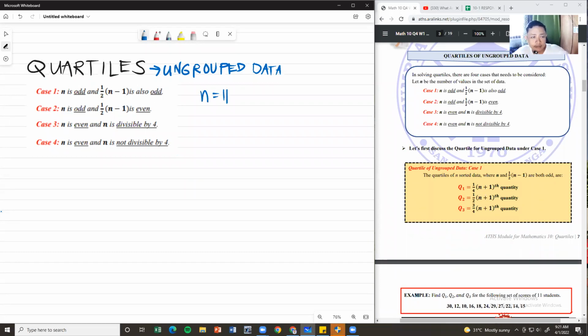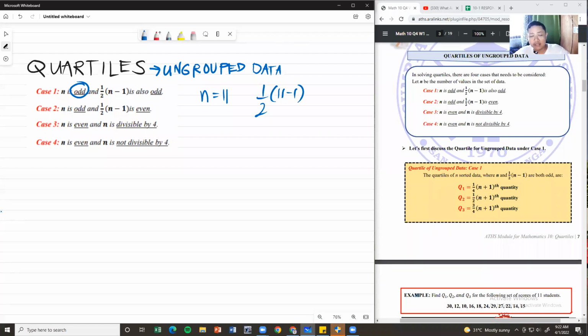That's odd. So it can come from case 1 or case 2, but there's another qualification that we need to follow. The next qualification is this process. We need to do 1/2 times n minus 1, that is (11 minus 1) divided by 2. If it is odd, it's case 1. If it is even, that's case 2.